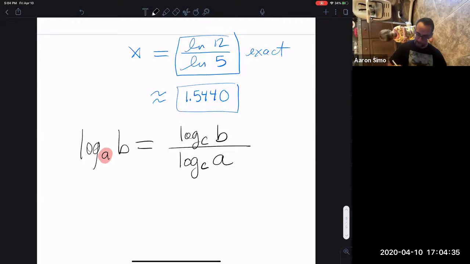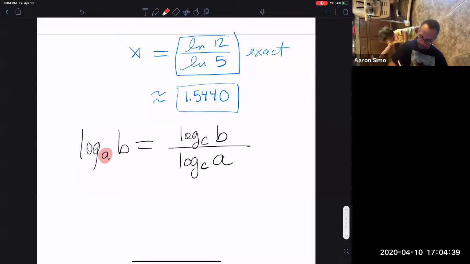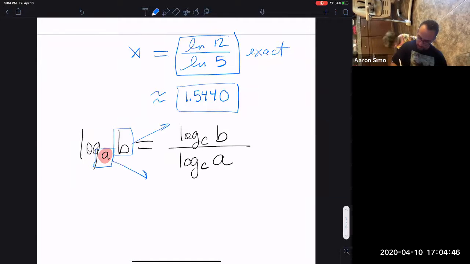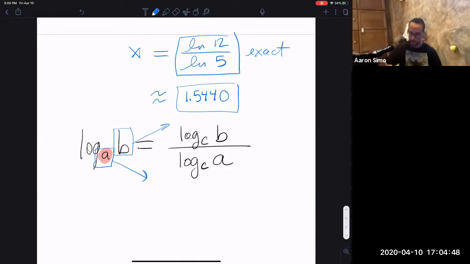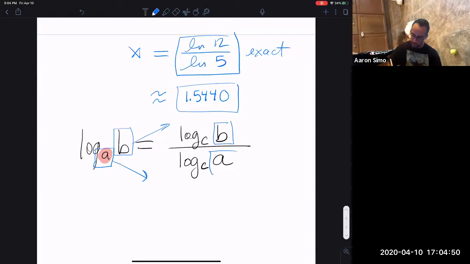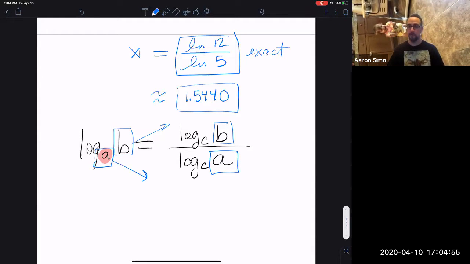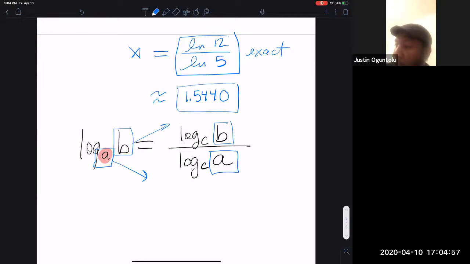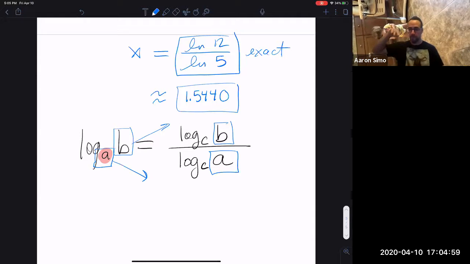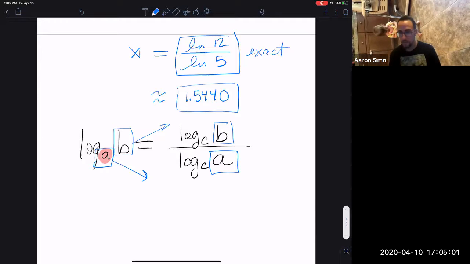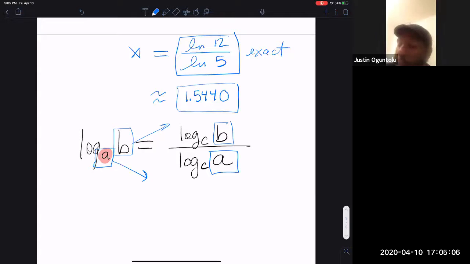Think about it like this: this thing goes up, this thing goes down. The B went up, the A went down. So you went from base A to base C, and the B went up and the A went down: log base C of B over log base C of A.